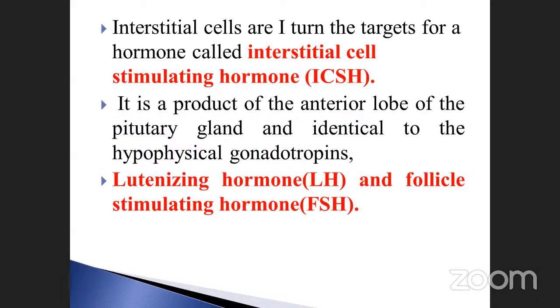Once again, repeating: the hormone is called ICSH, present in the anterior lobe of the pituitary gland, identical to the hypophyseal gonadotropins. Also luteinizing hormone, LH, and follicle stimulating hormone are present.